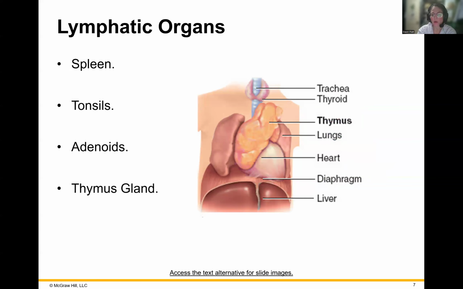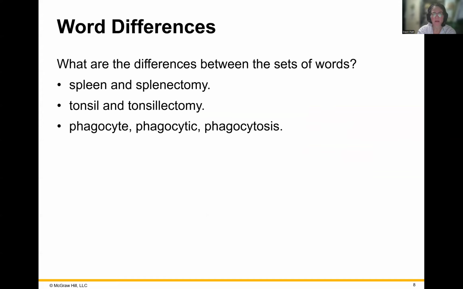Here are our lymphatic organs: a spleen, here's the combining form for spleen, tonsils, adenoids, and our thymus gland. As for differences, take a look at spleen and splenectomy, tonsil and tonsillectomy, phagocyte, phagocytic, and phagocytosis.